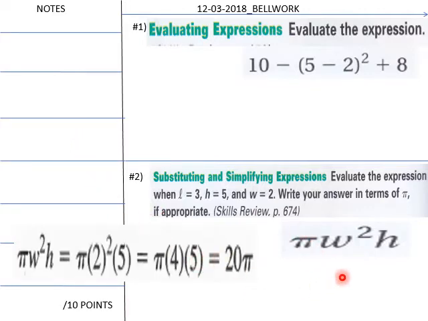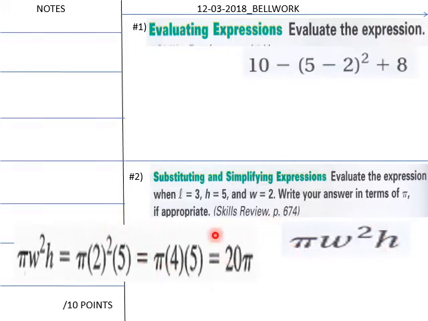Okay, coming back, this is your solution here for number 2. Evaluate the expression when we have different dimensions for pi r squared h, which is a formula for the volume of a cylinder.